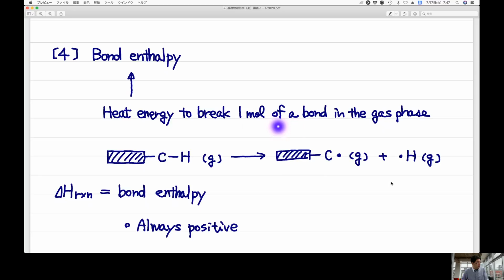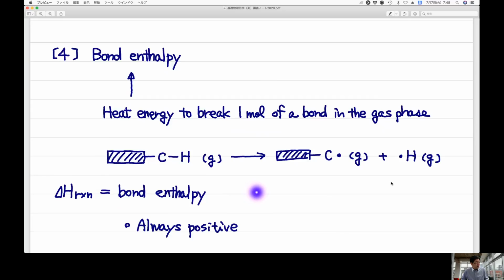So, for example, the bond enthalpy of the CH bond can be determined by this kind of gas phase reaction. This is some molecule with the CH bond. And this CH bond can be cleaved by heat or something. In that case, we can determine the bond enthalpy.